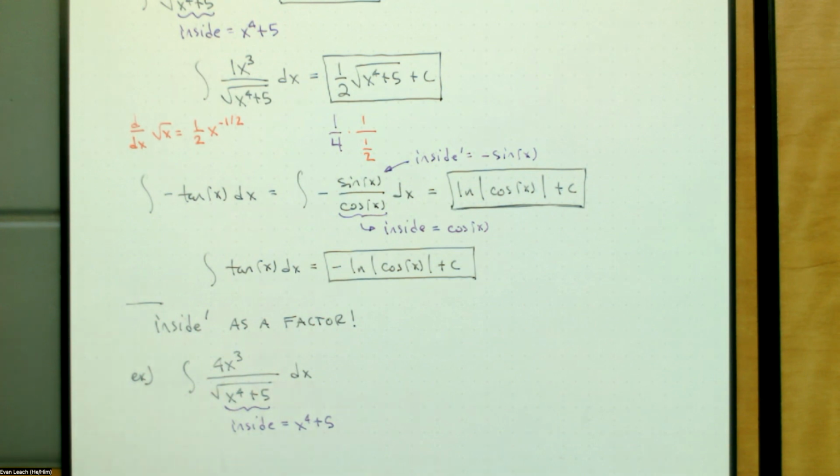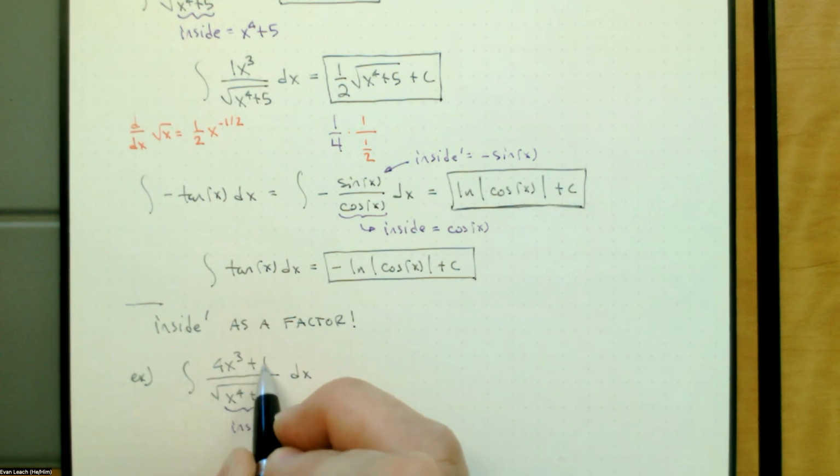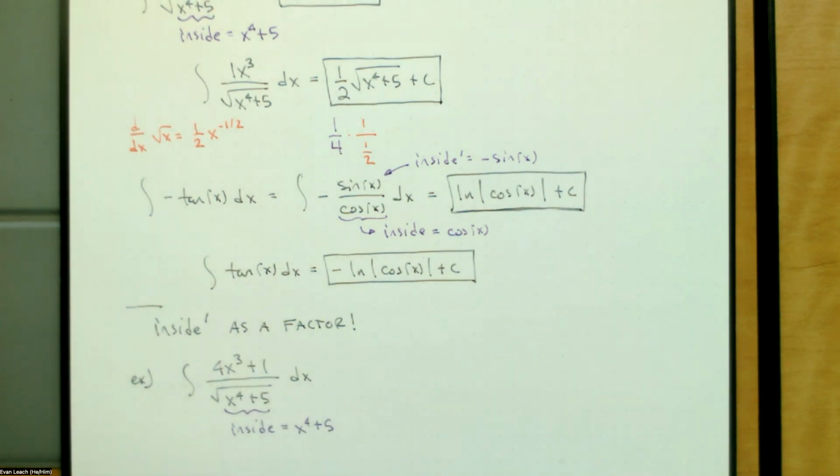But if this is 4x to the third, let's say plus 1, all of a sudden this is not a substitution problem. That just took substitution right off the table because the 4x to the third is not there as a factor. The derivative of the inside is a term, not a factor, and that's not helpful at this stage of the game.